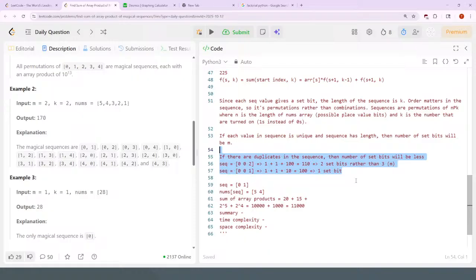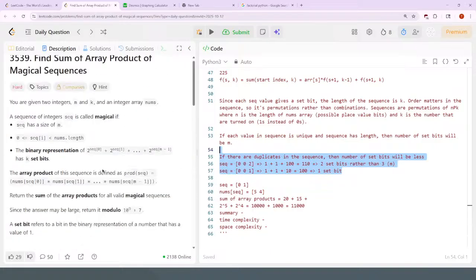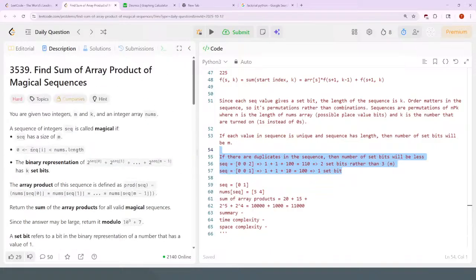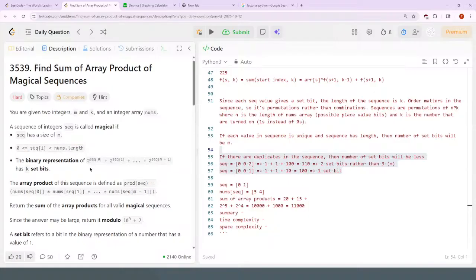But you can't have duplicates in your sequence, can you? Can you have duplicates in your sequence? I'm pretty sure you can't have duplicates here. Yeah.